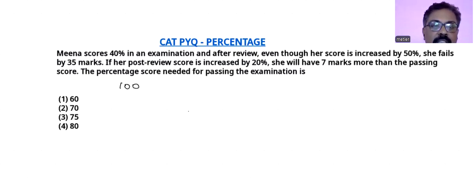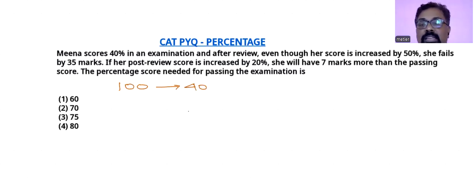Let me write it down in a different color. That will be helpful to you. Say total marks is 100. So initially she scored 40.